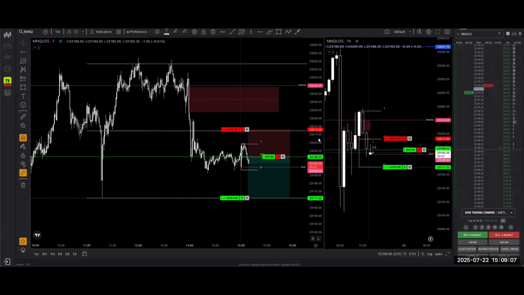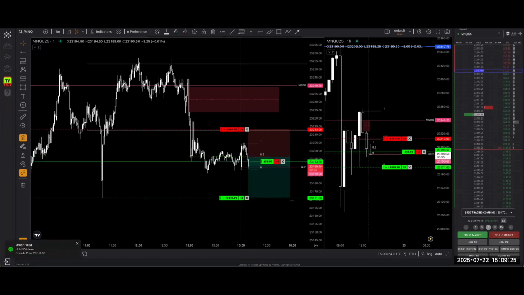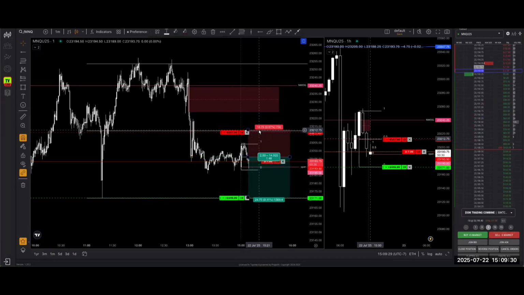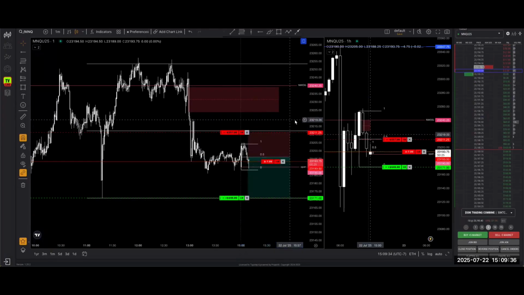Below the pink line makes it a daily red candle. May just add, if we can get a little push. Add. Right there.